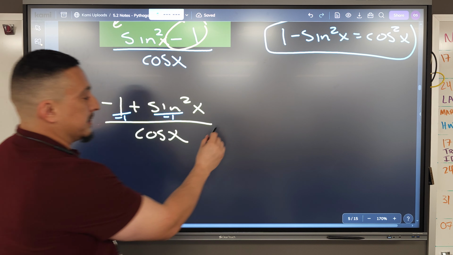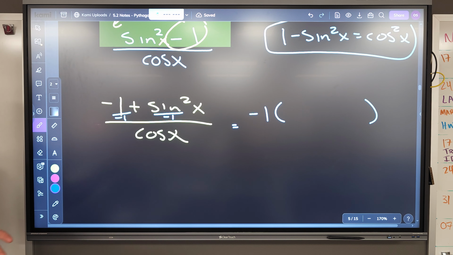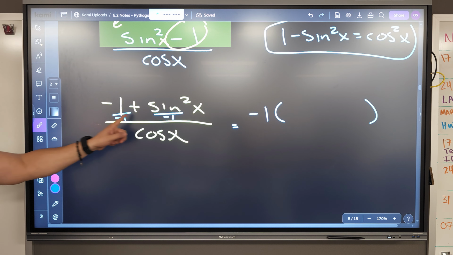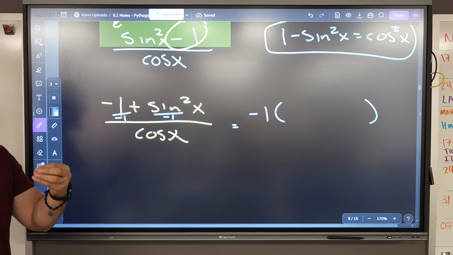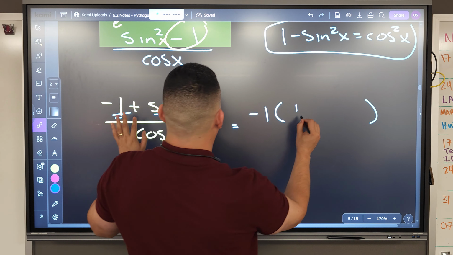Okay, here's what happens. Now the thing is, you can't change numbers. You can just change the way they look. So I'm not changing what this is equivalent to. I'm just dividing by a negative 1. So that becomes positive, this becomes negative. But is it still the same thing if I were to put the negative 1 back in there? Yes. So I just made it look different.